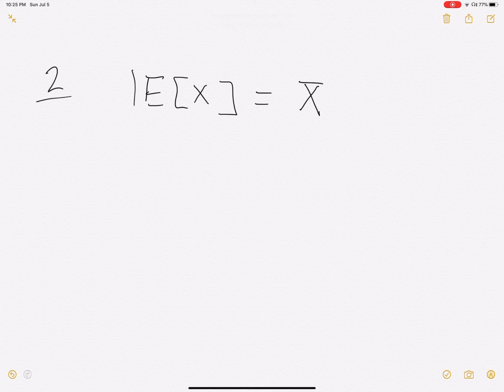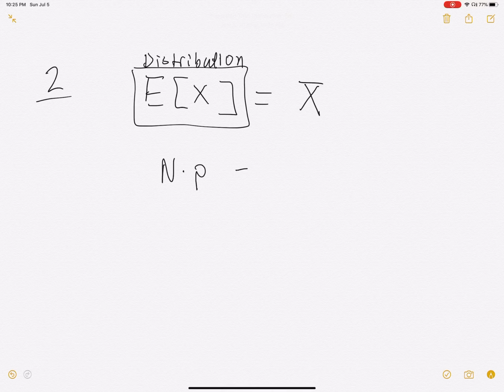So now let's move on to part two. Part two of this says that the expected value of x is equal to the average. So this part comes from the distribution. And the distribution of a binomial has mean n times p. That's the expected value.